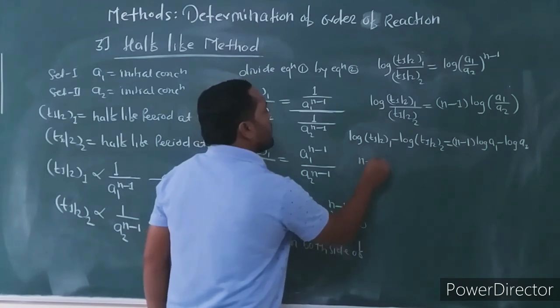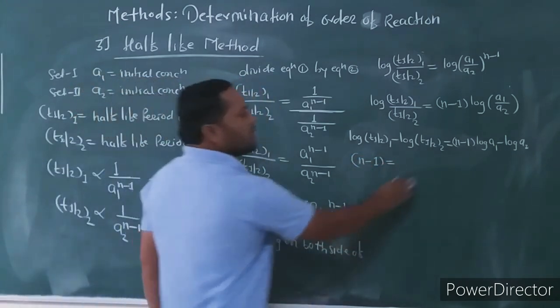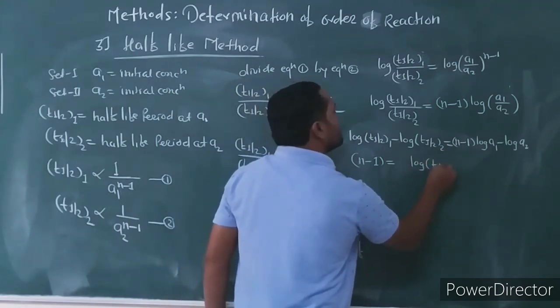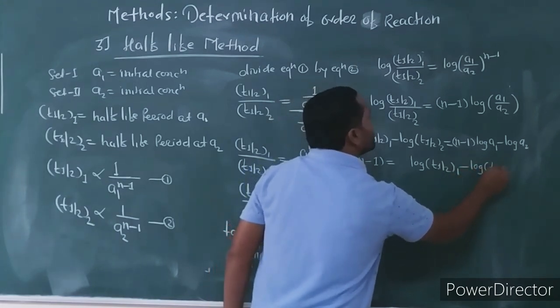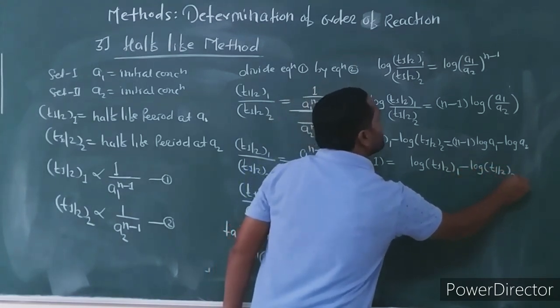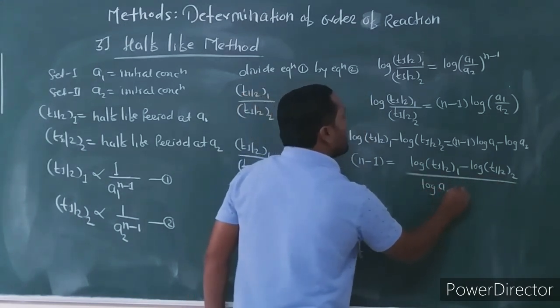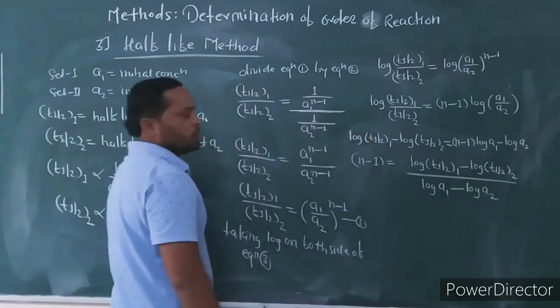Then n minus 1 is equal to (log T half 1 minus log T half 2) divided by (log A1 minus log A2).